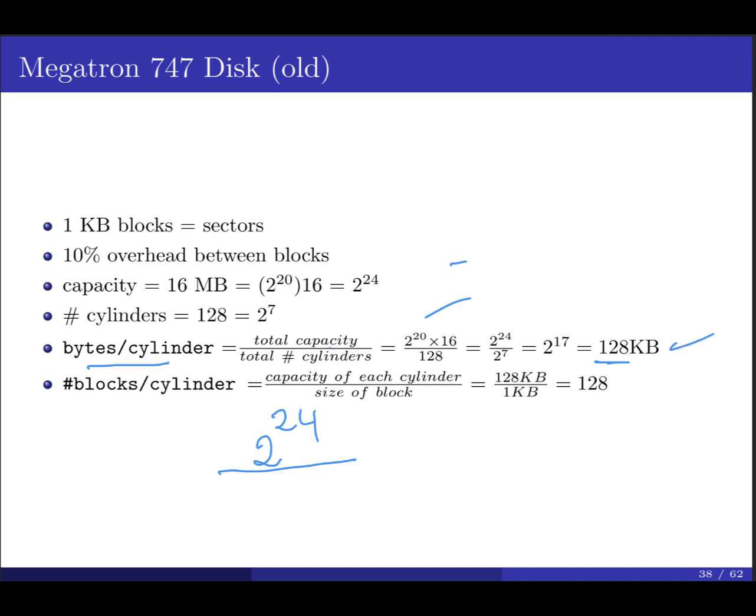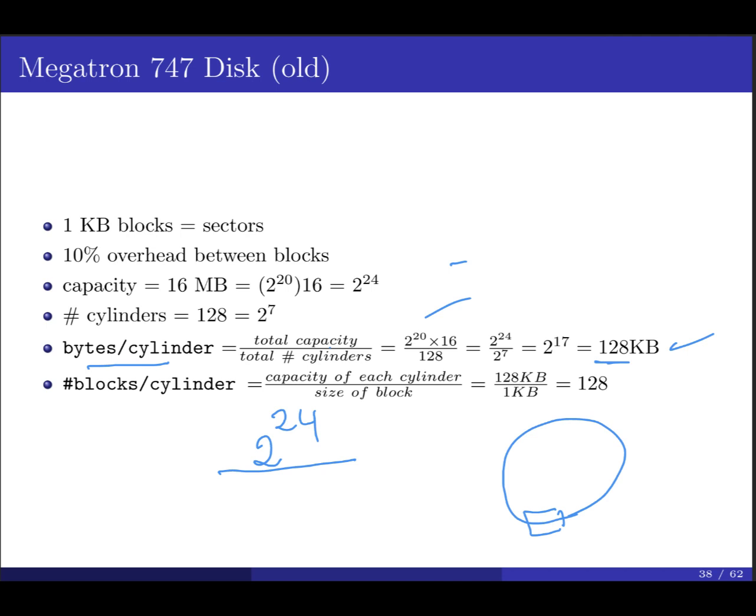For example, if I ask you to compute how many blocks you have per cylinder, we know each cylinder is going to have what? Remember, in the cylinder here we have only one platter, one surface. So I need to compute how many sectors per track. We do have sectors here because we said one sector is equal to one block, as given here.